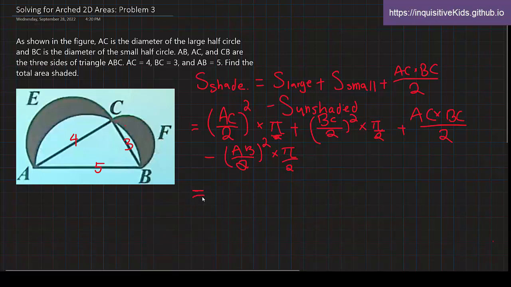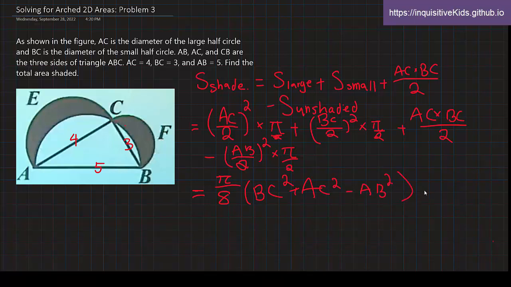Now let's solve. So after solving, this would become pi over 8, factor that out, and on the inside we have BC squared plus AC squared minus AB squared, right? And then we add AC times BC over 2. So this ultimately becomes just the fraction AC times BC divided by 2.